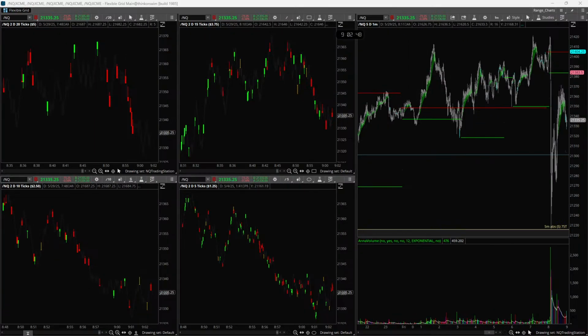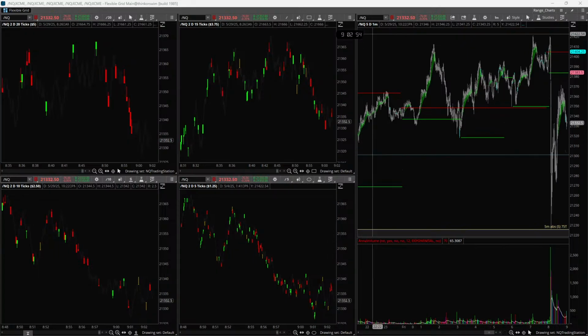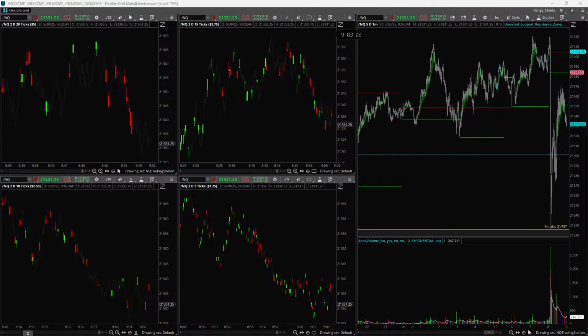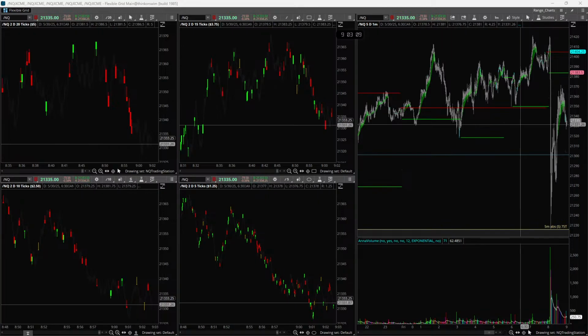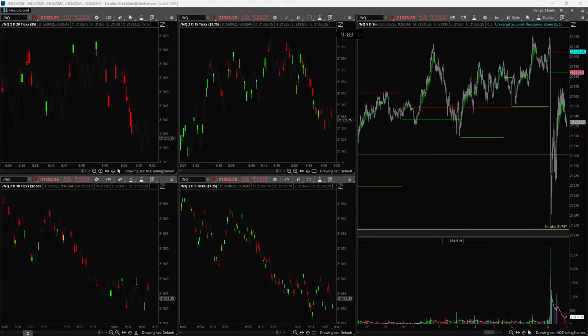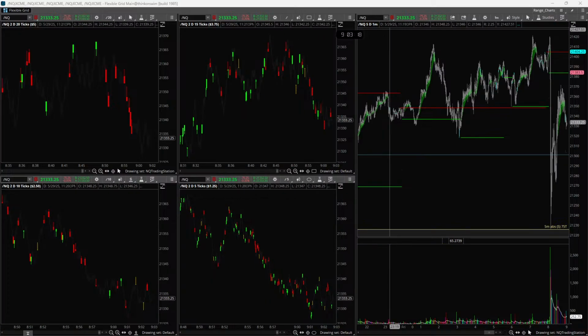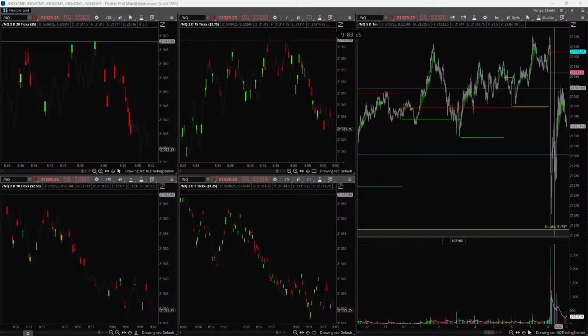Alright, so now we're just looking for anything that may stick out as far as area where price moved. And I'm just going to draw my boxes. This is 15-minute resistance. I like this here.